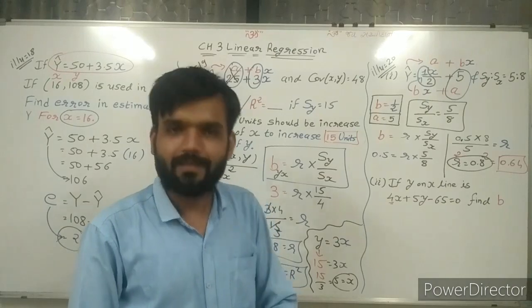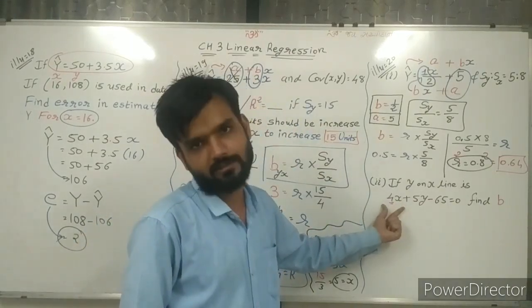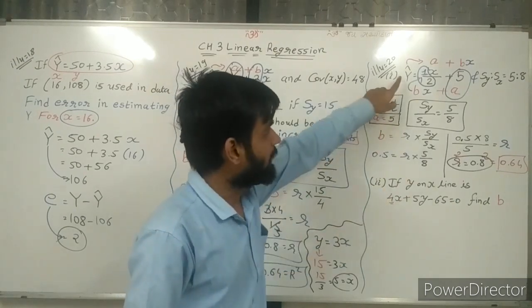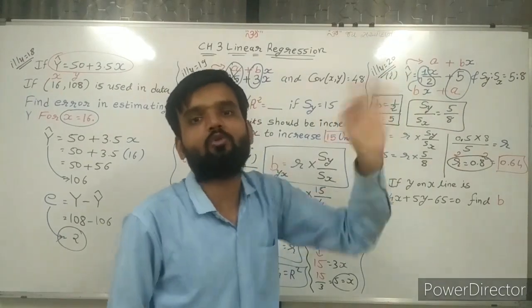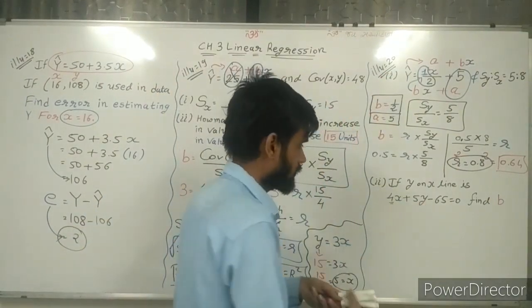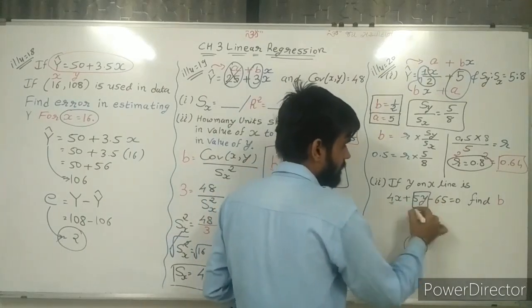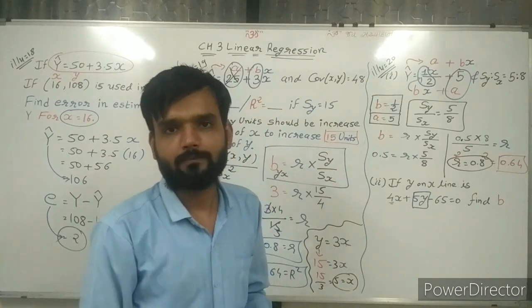We cannot directly compare or find the coefficient of x like this, because originally what is there? Y cap is there. So y is equal to is there. So first of all, we need to find y is equal to. We need to find the value of y.